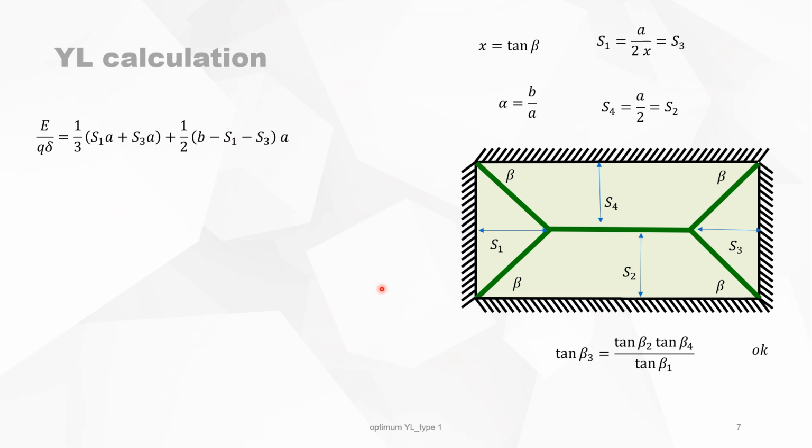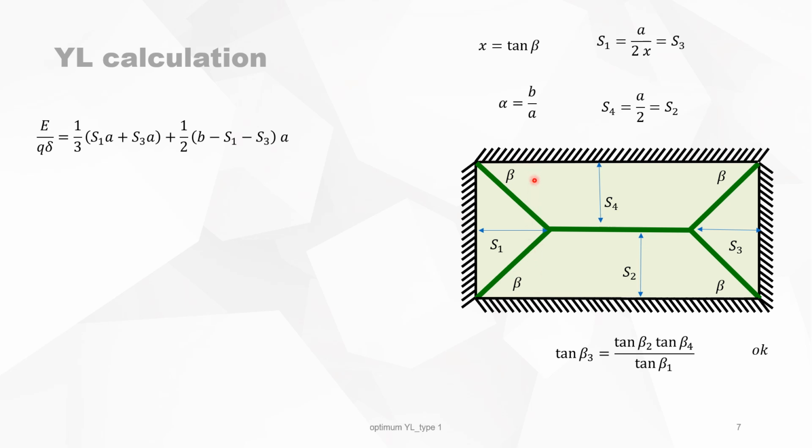We will now calculate the work done by the loads, and we divide that by Q times delta, and delta is a unit displacement. Then we know that, for instance, this portion here consists of triangles.